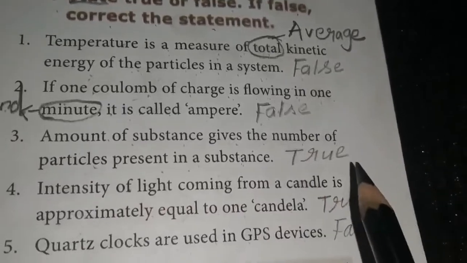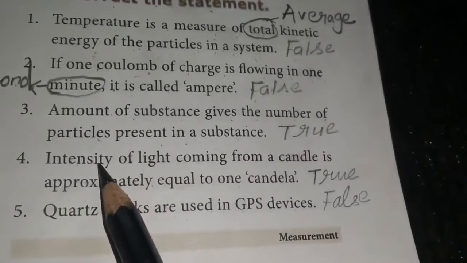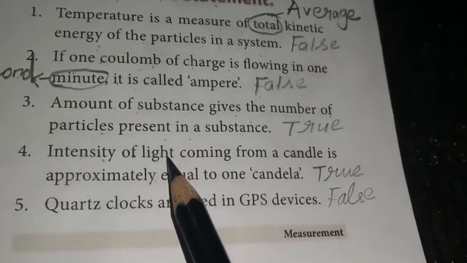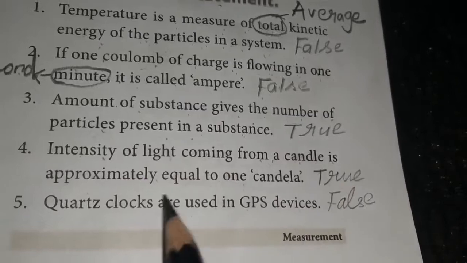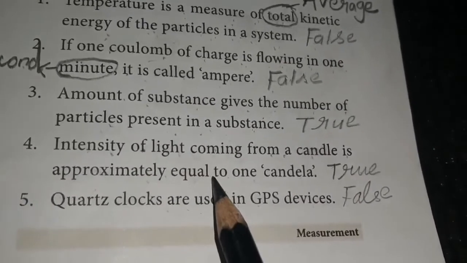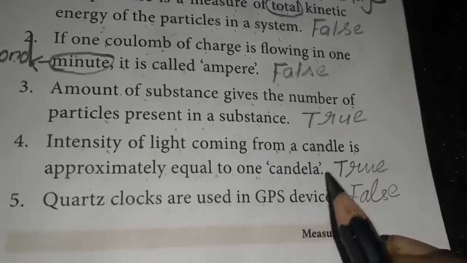Answer is true. And then fourth one, intensity of light coming from a candle is approximately equal to 1 candela. This is also correct, so answer is true.